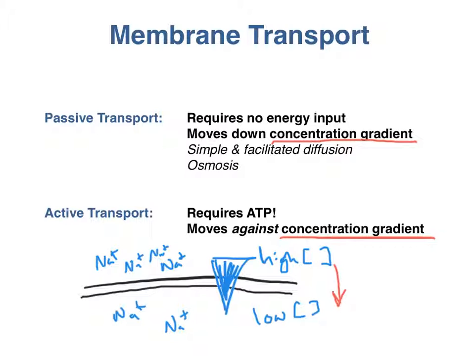If you open a bottle of perfume at one side of the room, if it's strong enough, pretty soon someone standing on the other side of the room can smell it, and that's because the perfume molecules have spread out from the area of high concentration in the bottle to the area of lower concentration in the room. As those particles bounce off each other and careen off each other, they simply spread out, and so they become more evenly distributed. This is a process called diffusion.